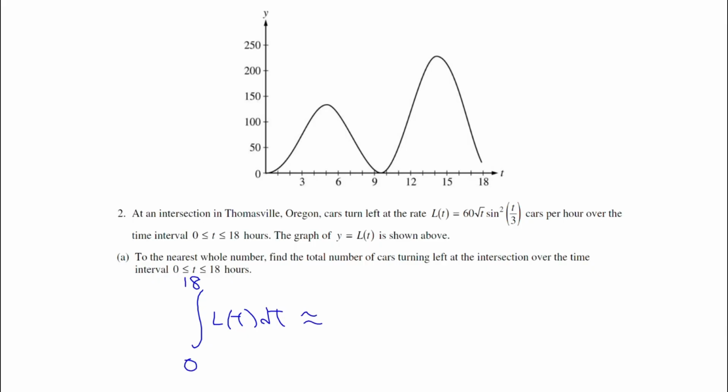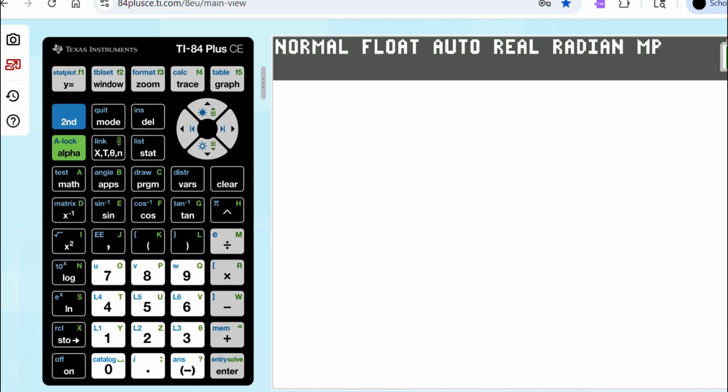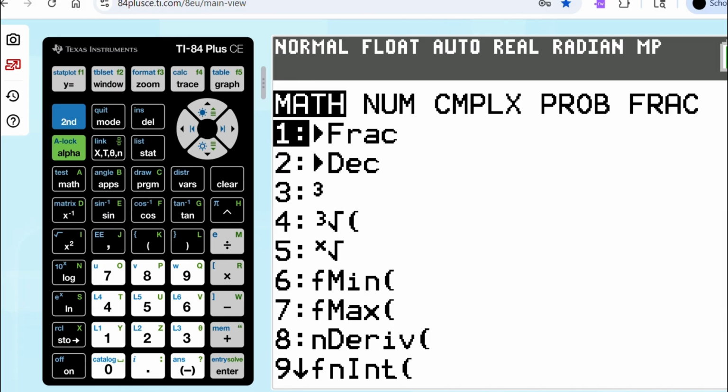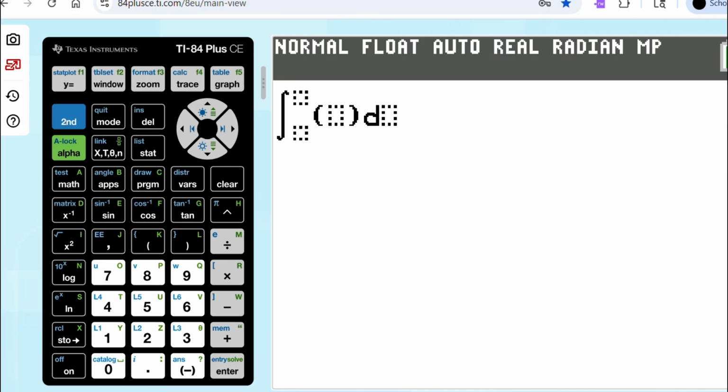And since this is a calculator question, we'll just go ahead and use our graphing calculator to do this. We're just going to hit math. We're going to go down to option number 9, FNINT, and hit enter, or you could just hit the 9. And now we'll just input our things here. We're going to integrate from 0 to 18, and our function is 60 times the square root of t. So our calculator will use x for that, square root of x, and then times sine squared of x over 3.